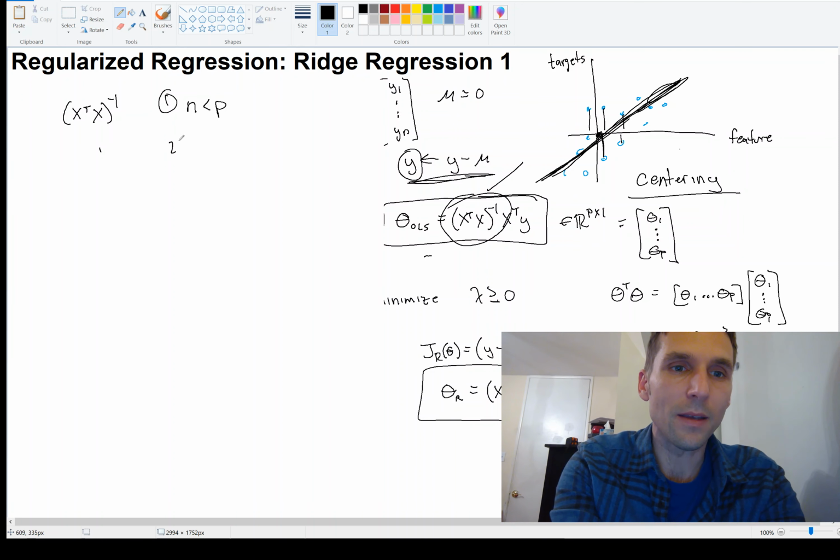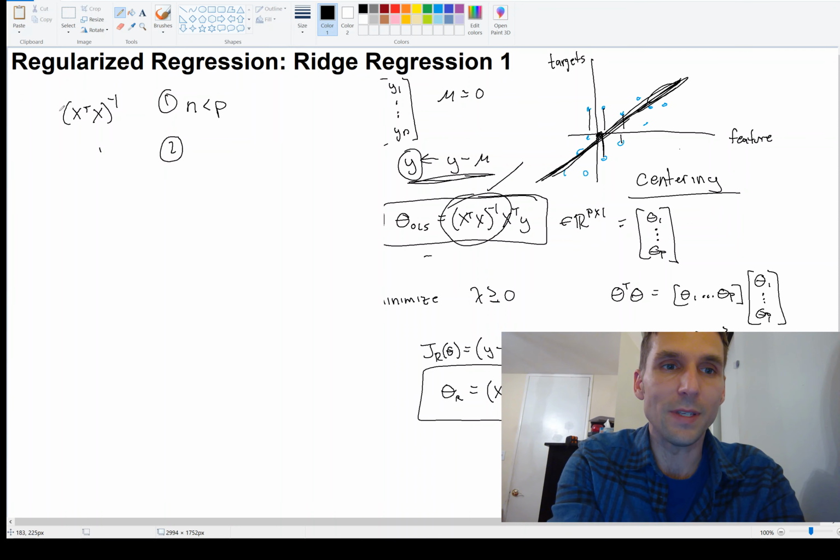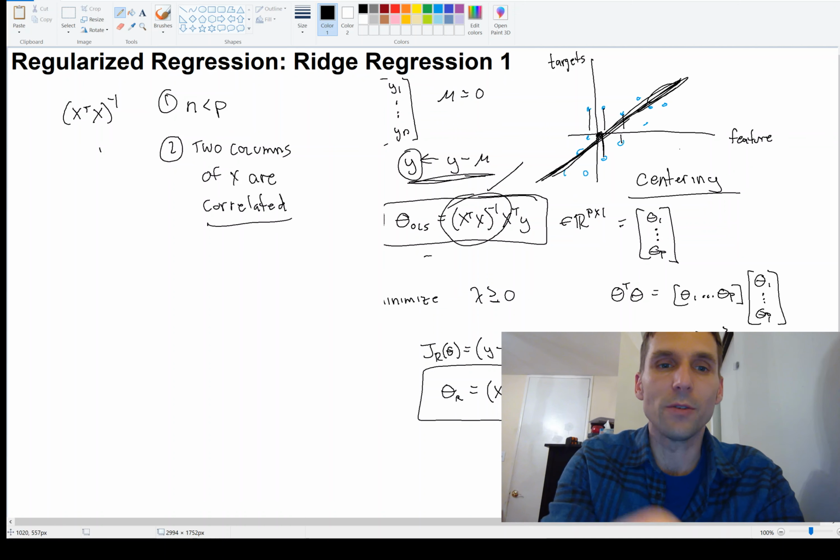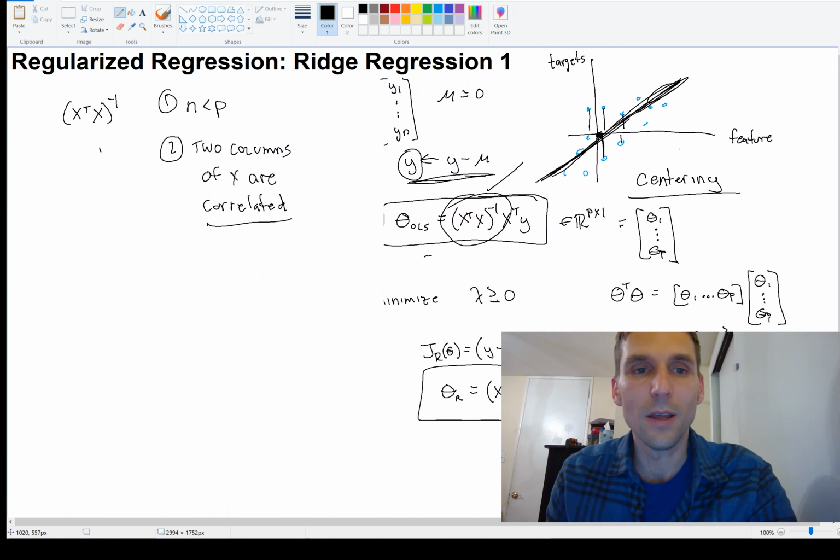And the second thing that will result in this inverse not existing is when two columns, or two features, of x are correlated. We haven't talked about correlation yet, but statistics is a prerequisite, so you have some notion of correlation already, like height and weight.